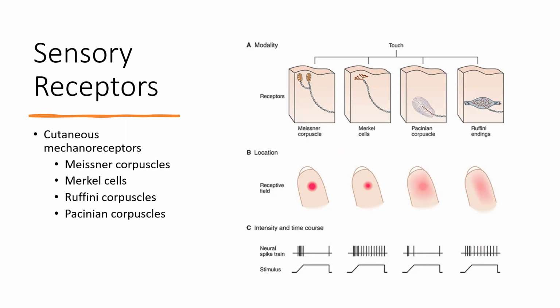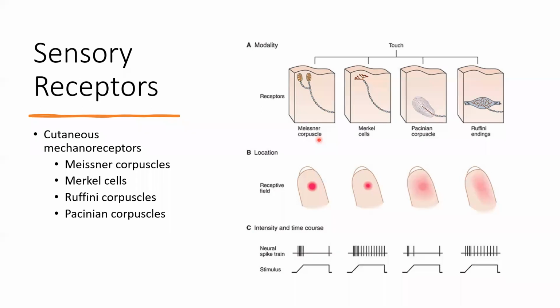You have cutaneous mechanoreceptors in the form of your Meissner corpuscles, your Merkel cells, your Pacinian corpuscles in the lower portion of the skin, and of course your Ruffini corpuscles, or Ruffini endings. These receptors mediate the sensation of touch and pressure.